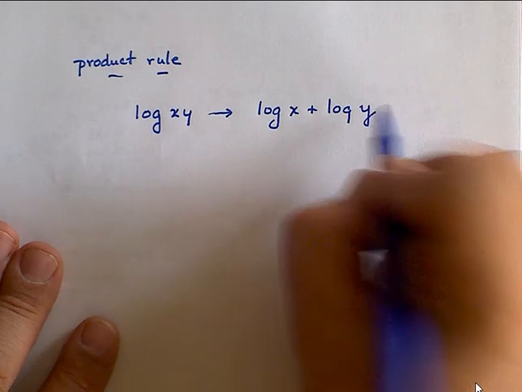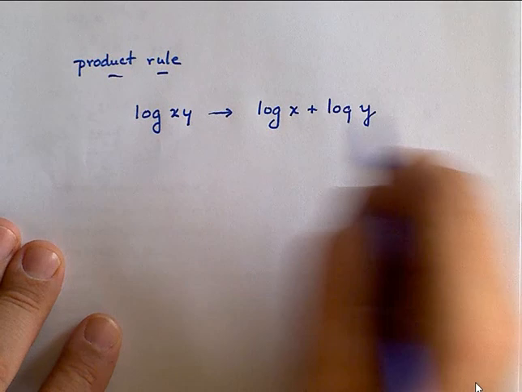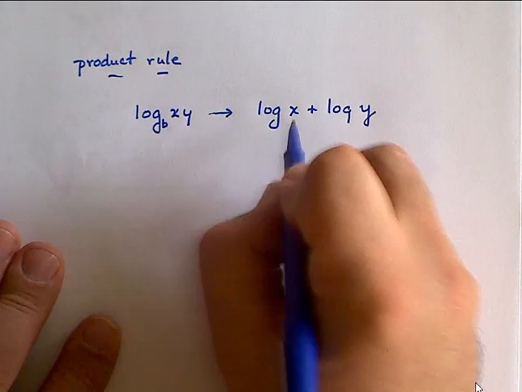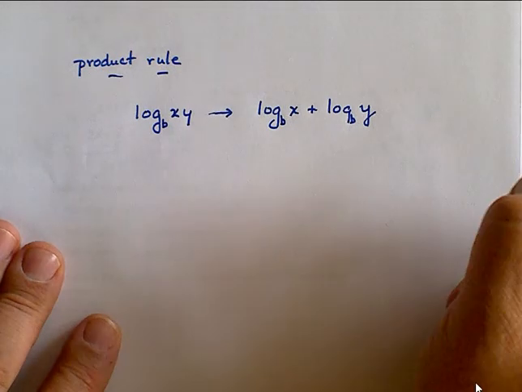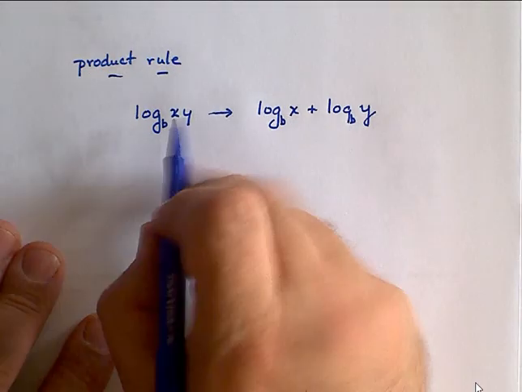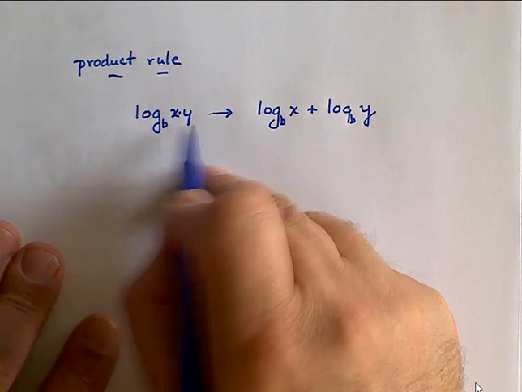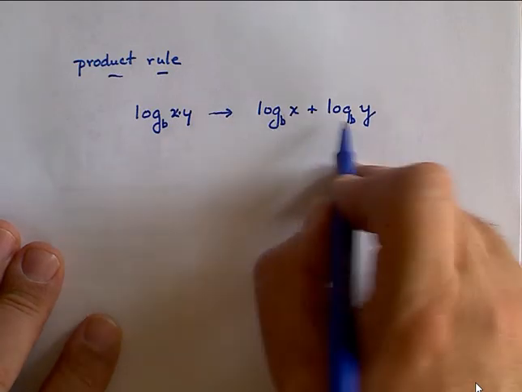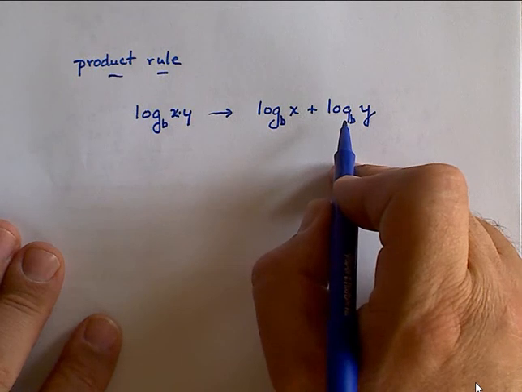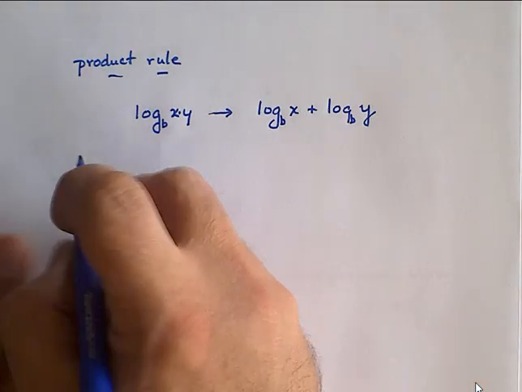Now the bases have to stay the same. If this is log base b, then this is log base b, and then this is log base b. But a multiplication here changes to a summation here. That's the product rule.